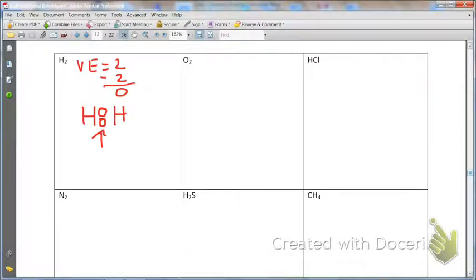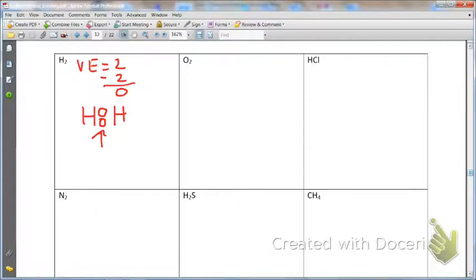So I need to move basically to step 5. Step 5 says distribute the remaining electrons as lone pairs around the atoms. Well, I don't have any more electrons to distribute, so I cannot do step 5.